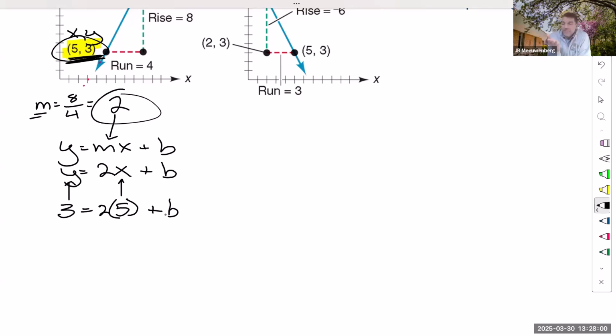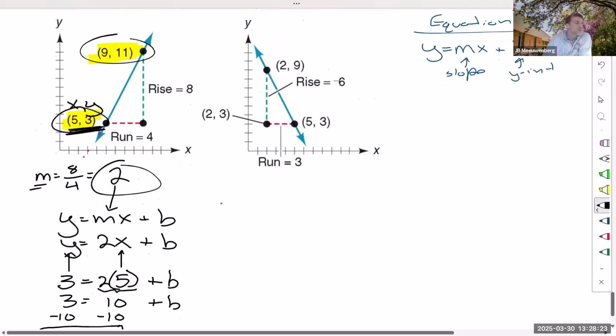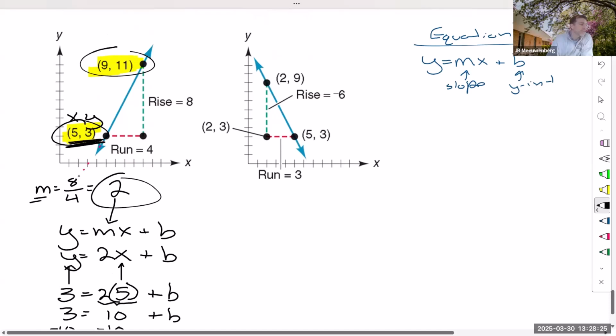We now have enough information to actually solve the equation for b by simplifying 2 times 5 and then using the subtraction property of equality, we find out that -7 is equal to b, which means, remember how I drew this little red dotted line down here?